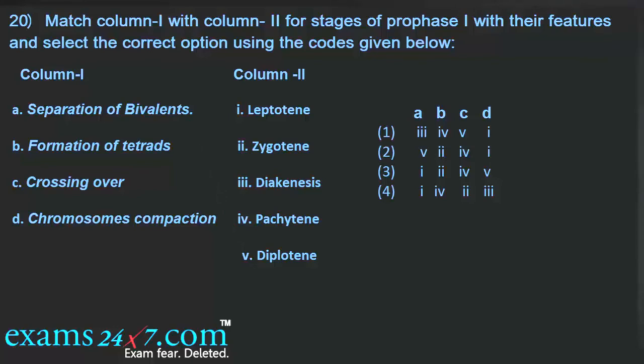Formation of tetrads. So remember, tetrads refers to bivalents, and this is going to happen during the zygotene stage, because point to point pairing of chromosomes occurs, which we call synapsis. So formation of tetrads matches with zygotene, that is 2. Crossing over. Crossing over relates to crossing over of non-sister chromatids between homologous chromosomes, and it happens during pachytene.